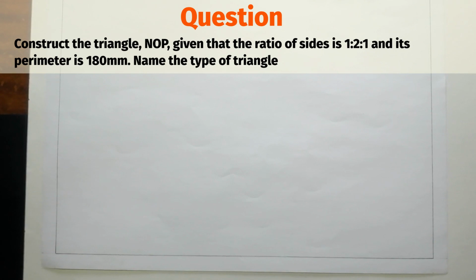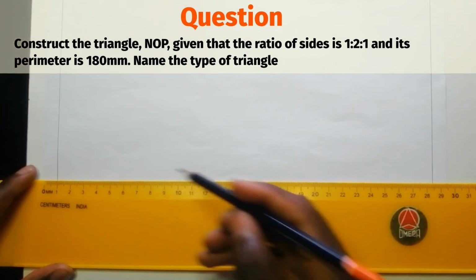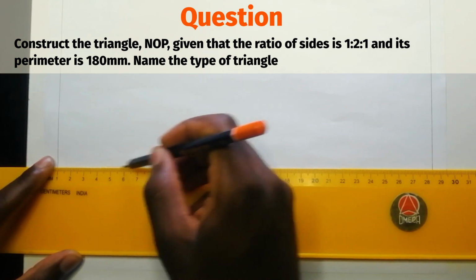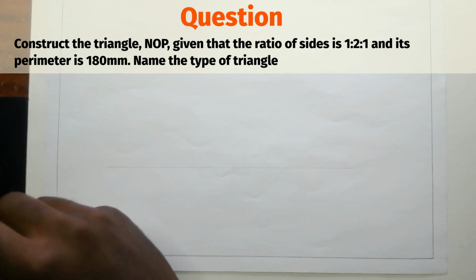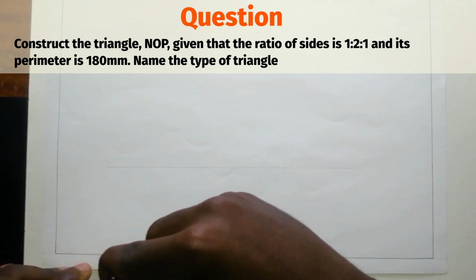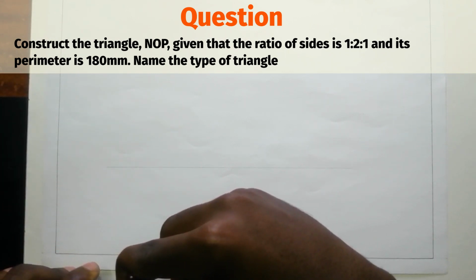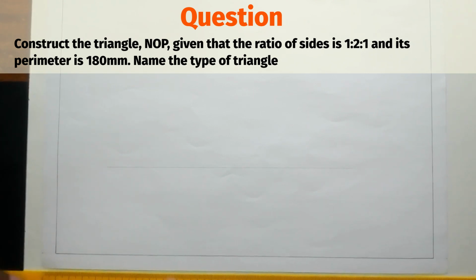The first thing we are going to do is draw a construction line where our baseline is going to be, and then we're going to mark our perimeter, which is 180. Basically, that's just 18 centimeters.